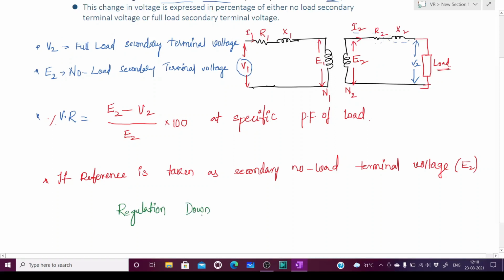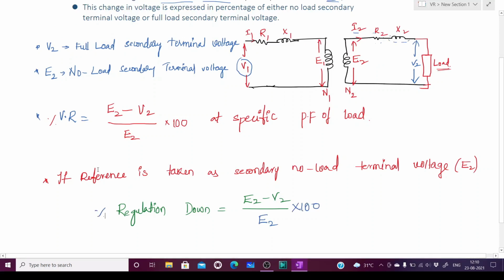By default we choose regulation down. So it is equal to (E2 minus V2) by E2, into 100, which gives the percentage regulation down.